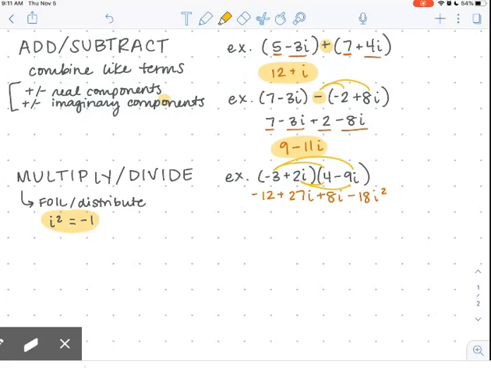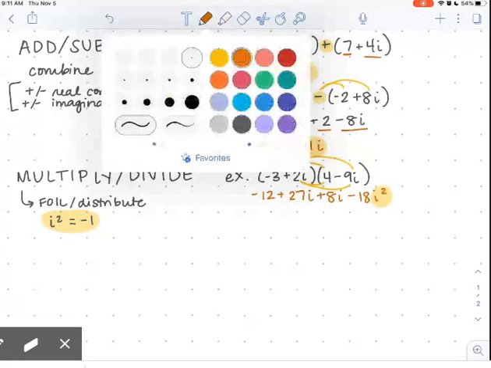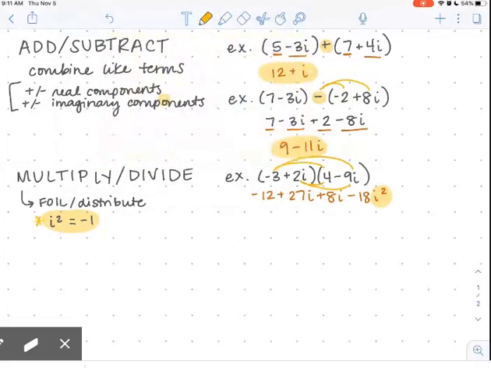So this is where this idea comes in. i squared really means this is the same thing as -1. So this can create a real component. So I have -18 times -1, which is a positive 18.